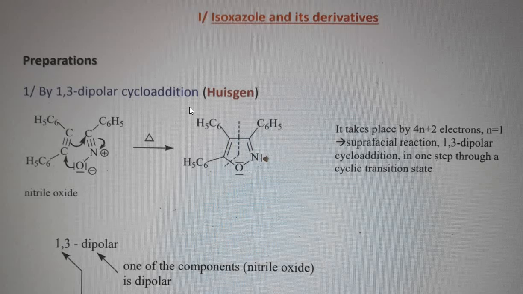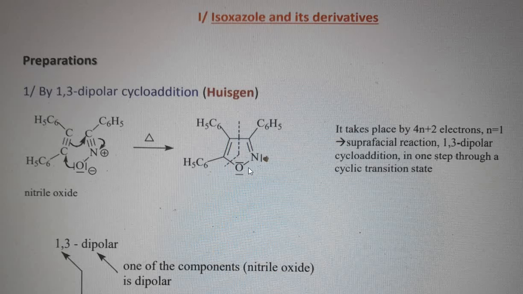By 1,3-dipolar cycloaddition, it takes place by 4n+2. This cycloaddition reaction is a one-step reaction through a cyclic transition state. You can see this is the triple bond, here a triple bond, and this is dipolar in nature, 1,3-dipolar.